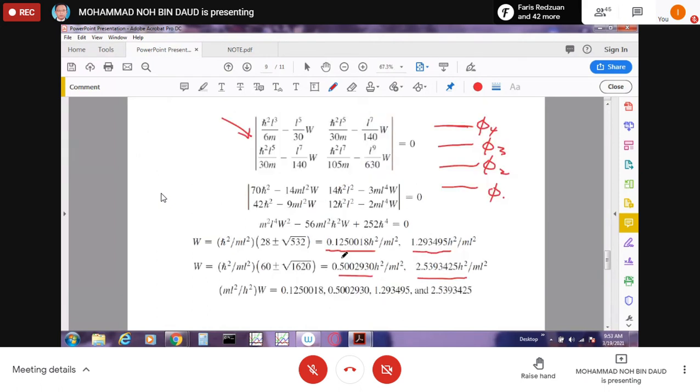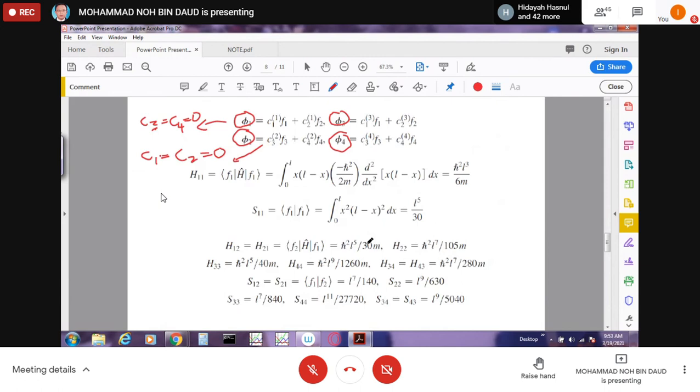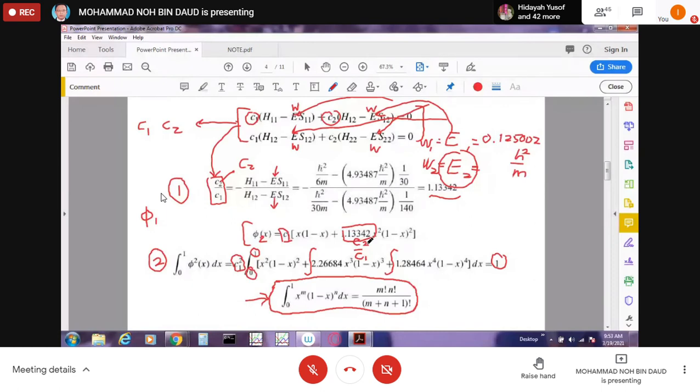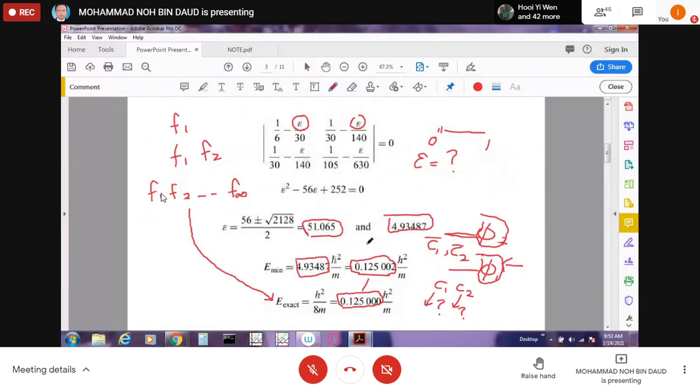Now you can see we have again improved this. If we compare the ground state, 0.125001 8, compared to here, 0.125002, when we use four basis functions we get 0.2150018.